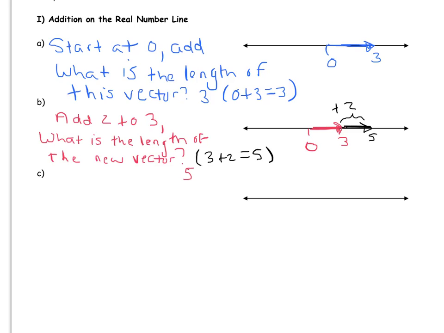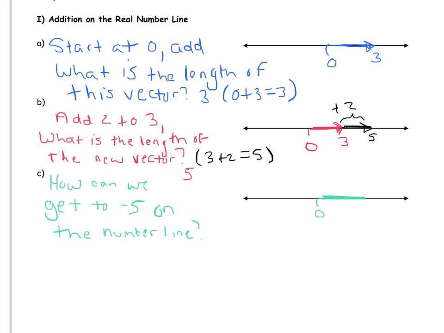So here's actually the big question that we're going to ask. How can we get to negative 5 on the number line now that we're at 5? So here we are at 5.